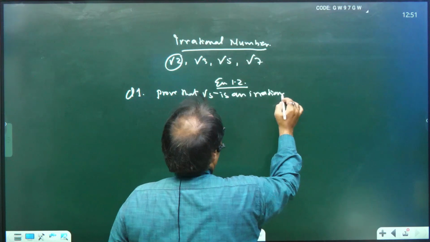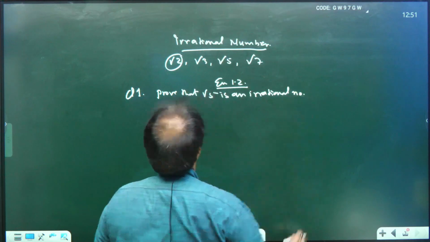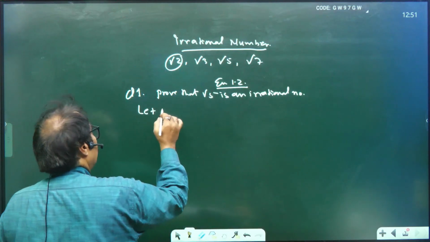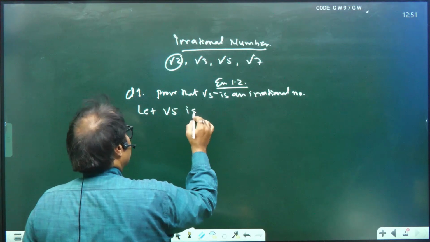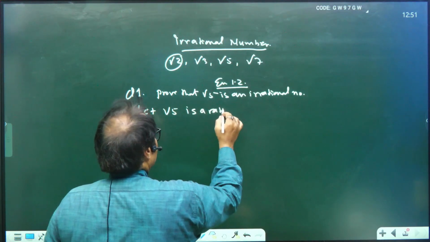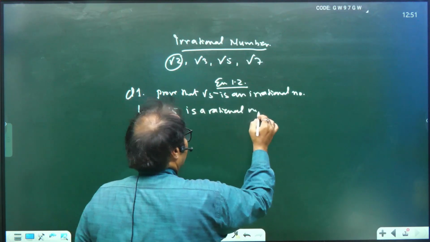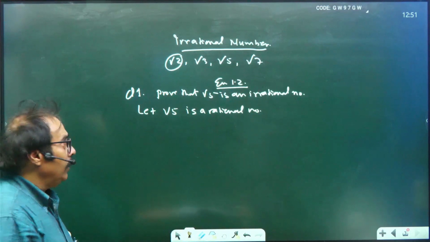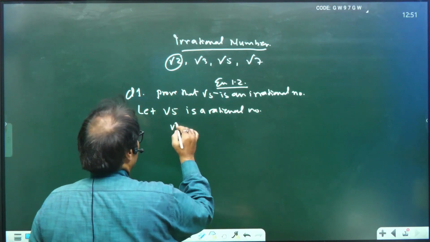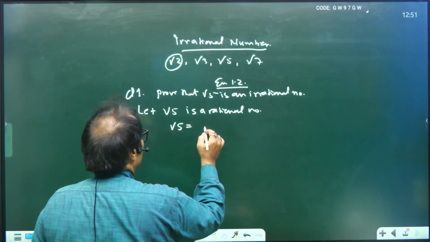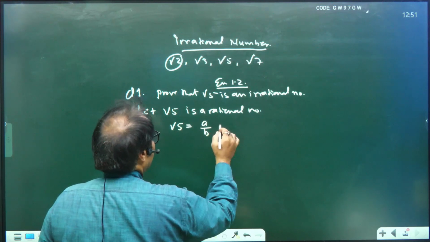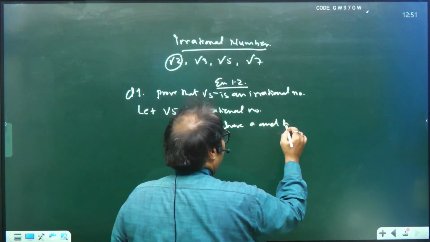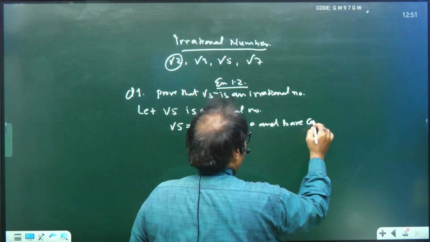We have to prove that root 5 is irrational. Now, let root 5 be a rational number. So root 5 is equal to a upon b, where a and b are co-prime numbers.